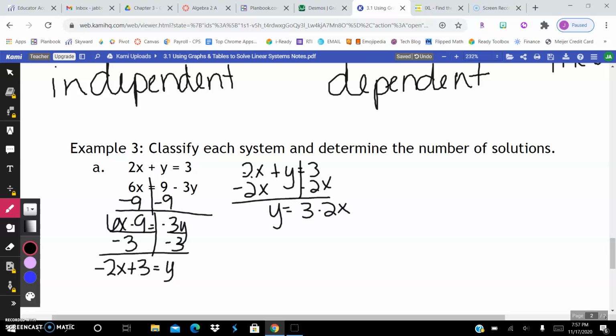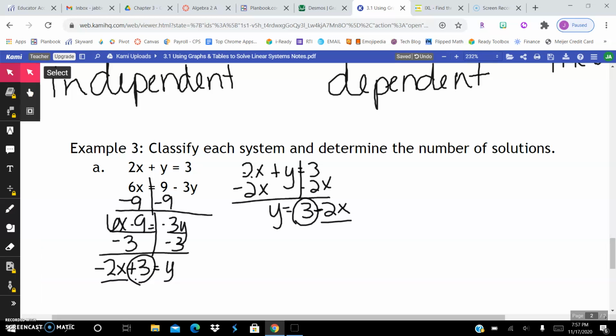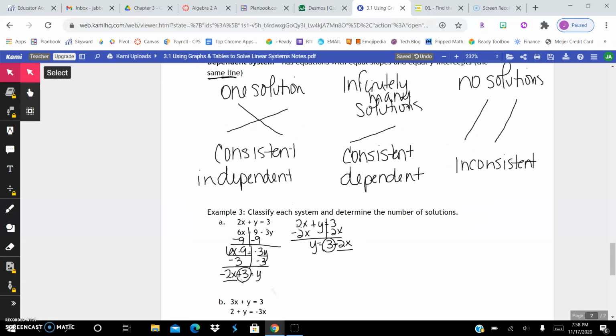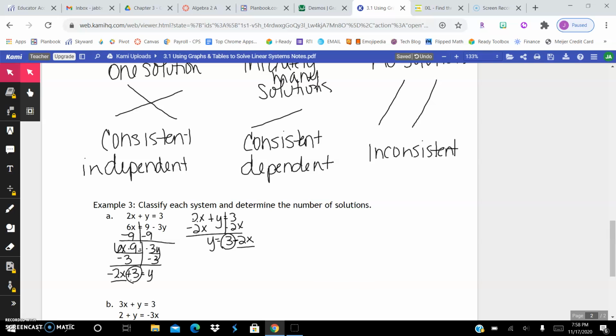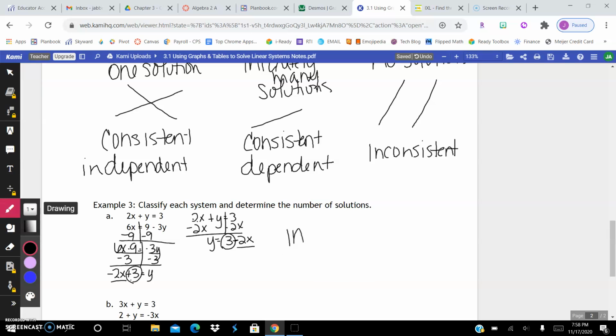So if you notice, this is a minus 2x over here, and this is a minus 2x. This 3 is positive, and so is this 3. Now, they're not written in the same order, but they are the exact same equations. So that means they have infinitely many solutions because they are the same line, same equation.